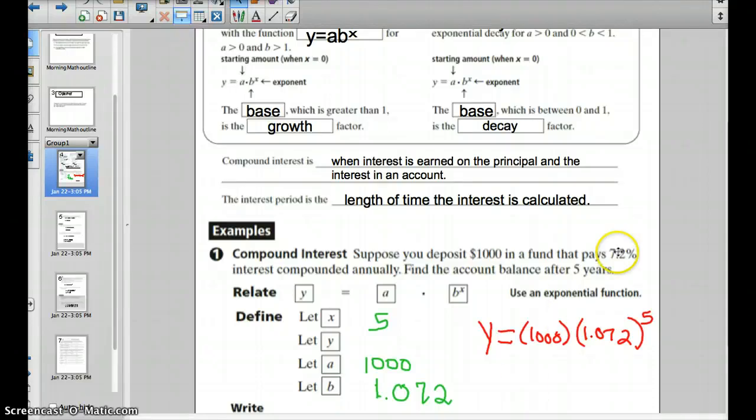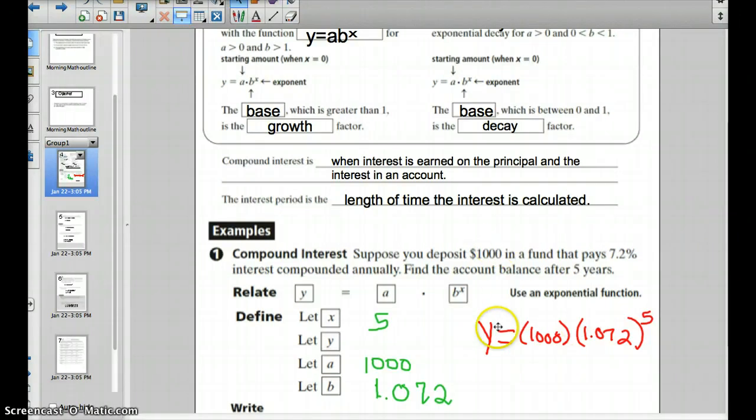So remember, 7.2% as a decimal is 0.072. Add that to 1, you get 1.072. This is going to be your growth factor here, this 1.072. That's your growth factor, and then that is going to be taken to the 5th power because that is how many times our money has been compounded, okay?